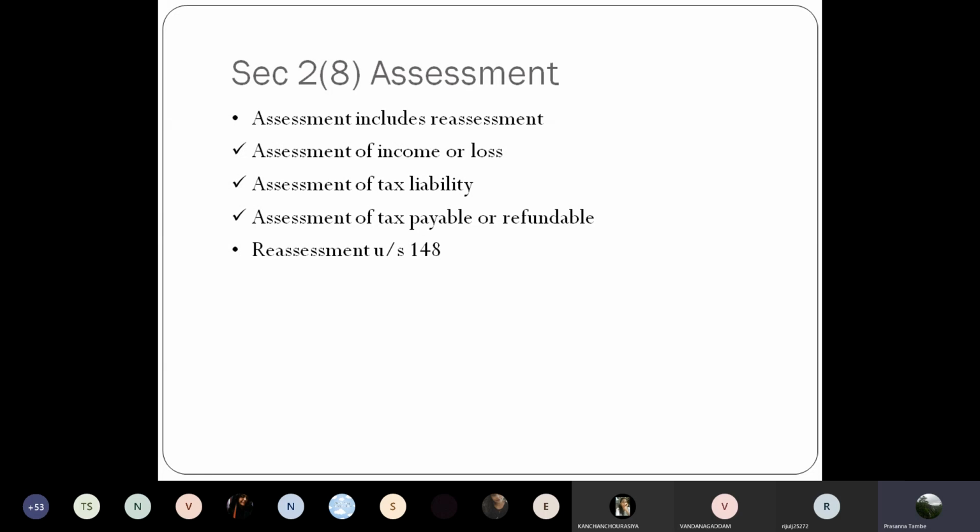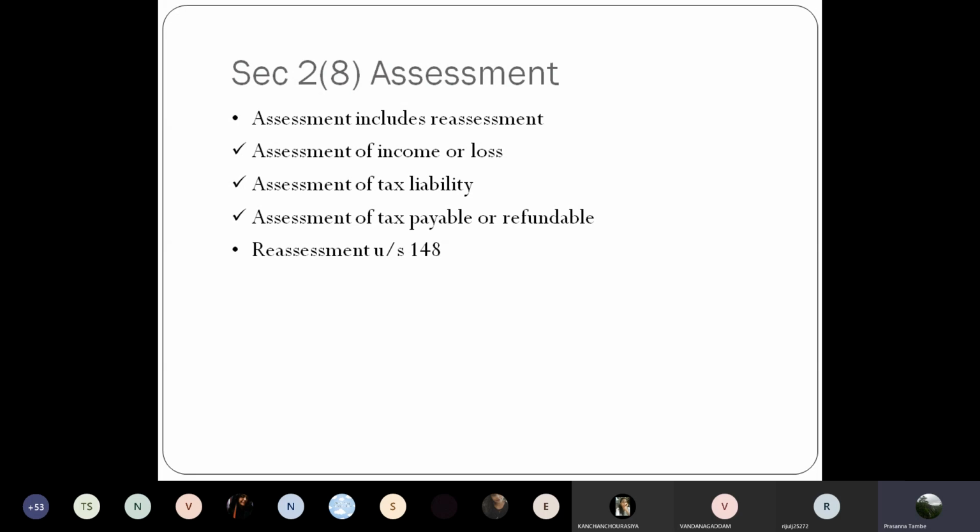So for the income tax purpose, assessment includes 3 steps. One, assessment of income or loss of a person; two, assessment of tax liability of a person; and three, assessment of tax payable or refundable to such person. And while doing all those things, we consider the income of the previous year. We apply the law which is applicable for the corresponding assessment year.